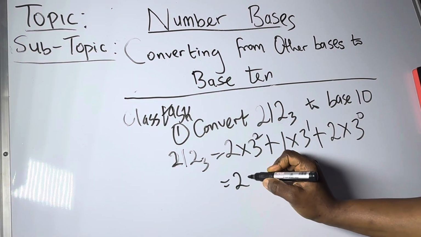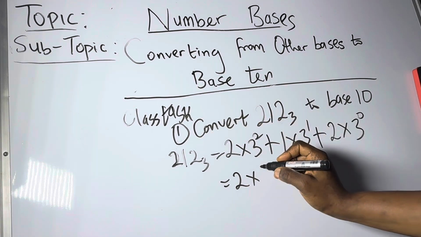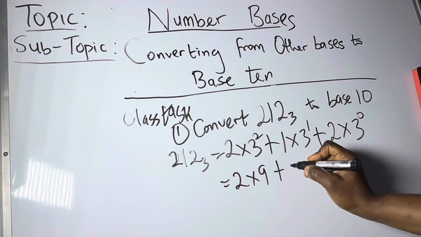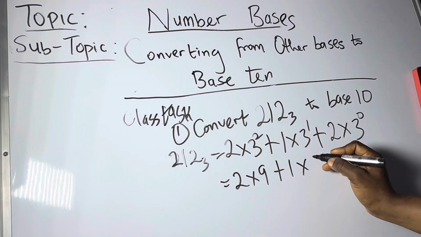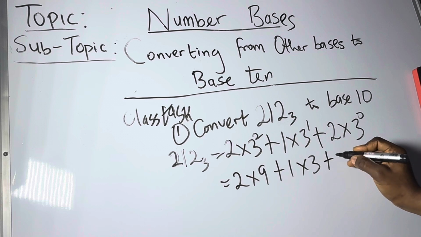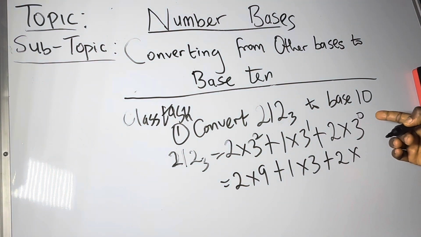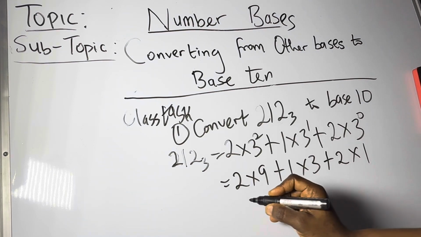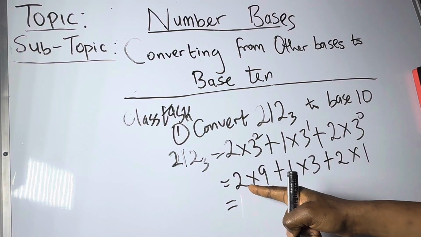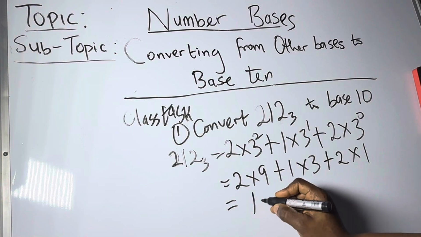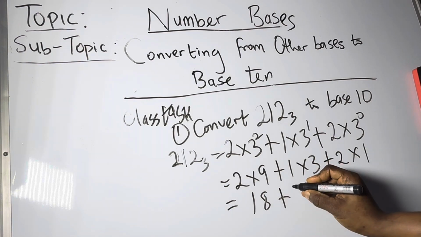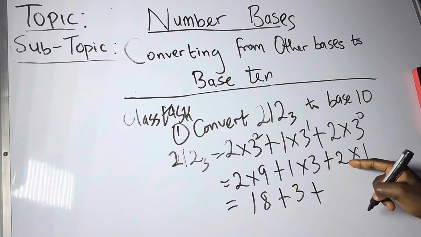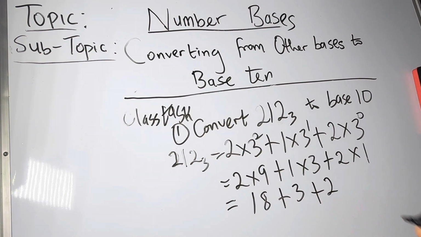So that means 2 multiplied by 3 raised to power 2 is 9, plus 1 times 3 raised to power 1 is 3, plus 2 times 3 raised to power 0 is 1, because anything raised to power 0 is 1. So now we have 2 times 9, which is 18, plus 1 times 3, that's 3, plus 2 times 1, which is 2.